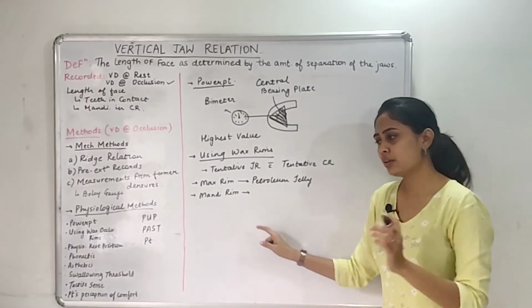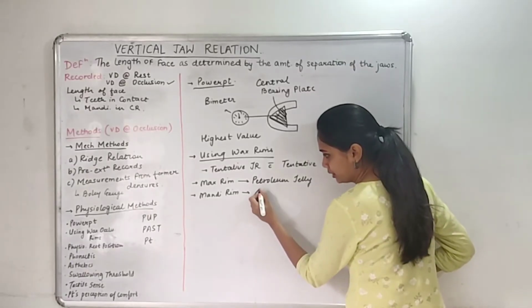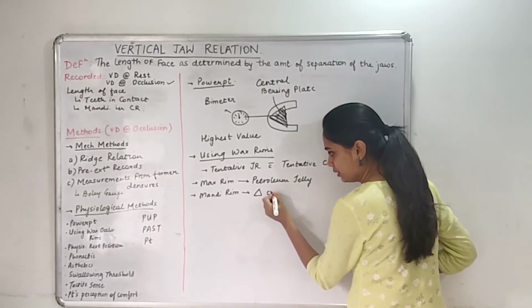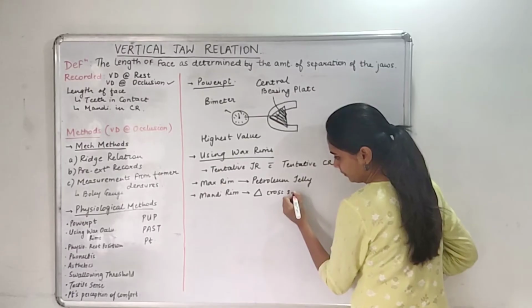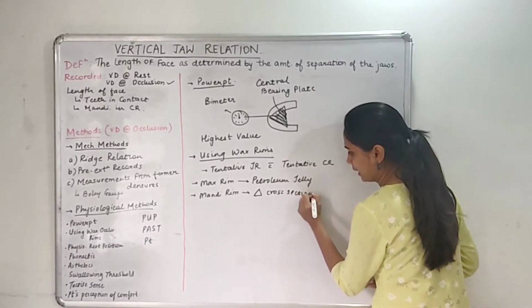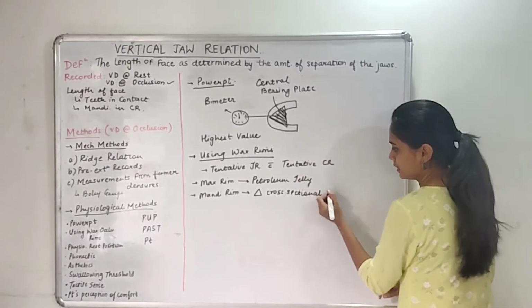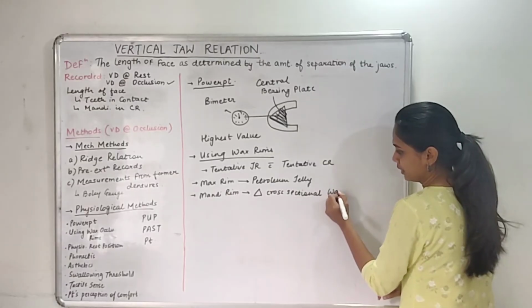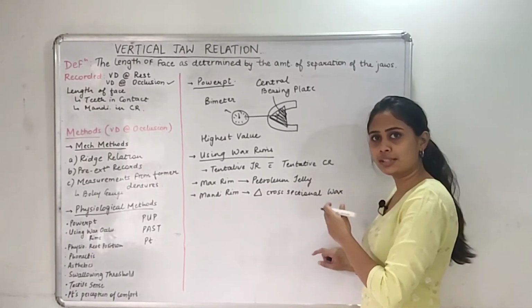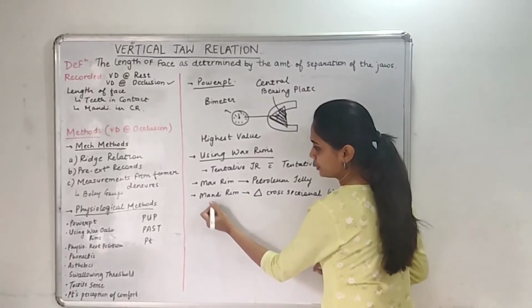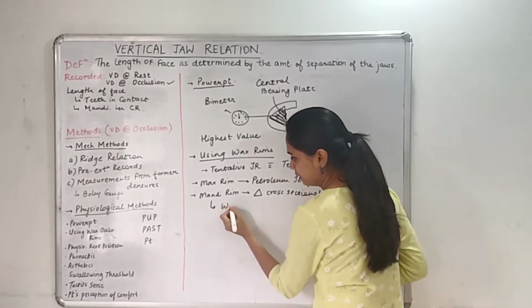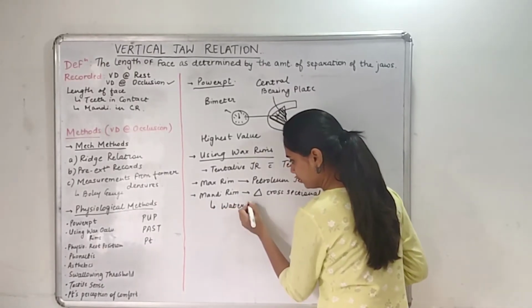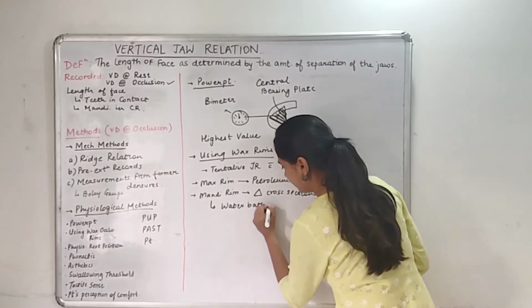Here in the mandibular rim, we add a piece of triangular cross-sectional modeling wax, which is first placed in a water bath at 130 Fahrenheit to soften it.